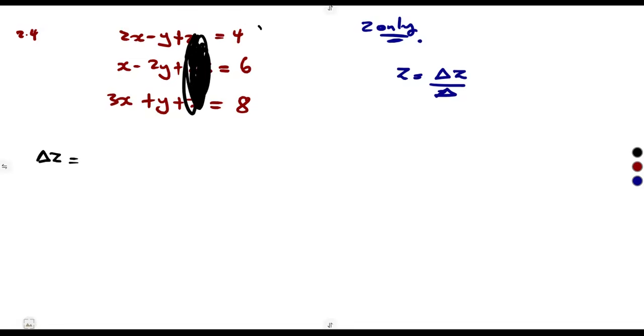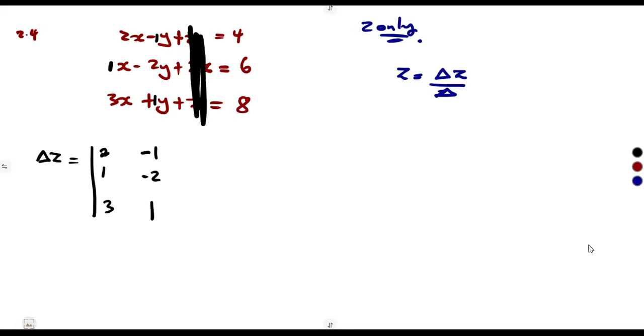So that will be 2, 1, 3, then minus 1, minus 2, 1. In place where the z is, we put the constants as they are: 4, 6, 8.